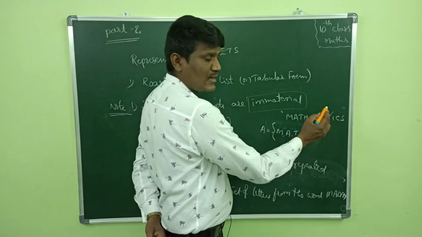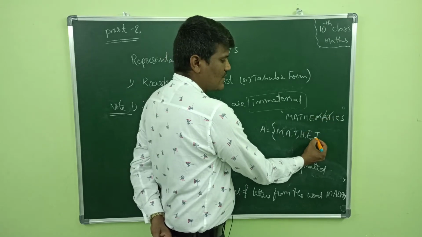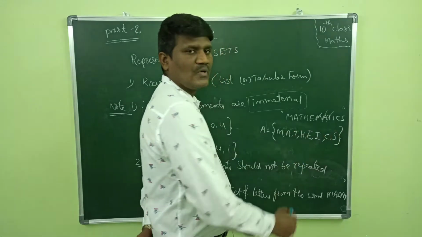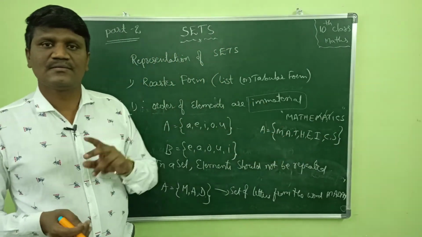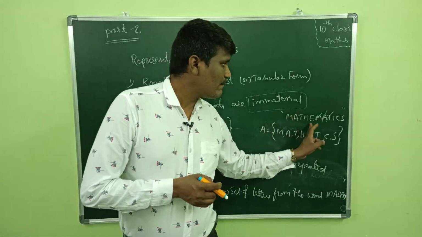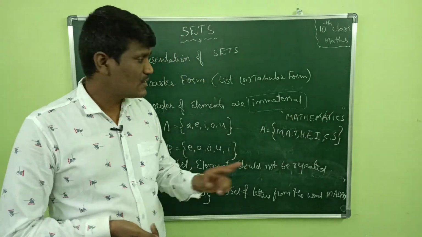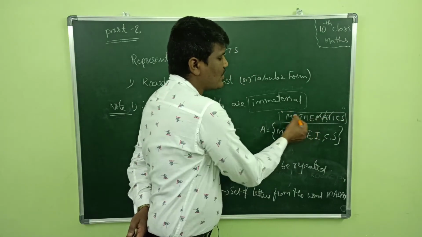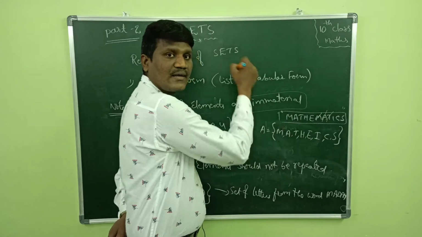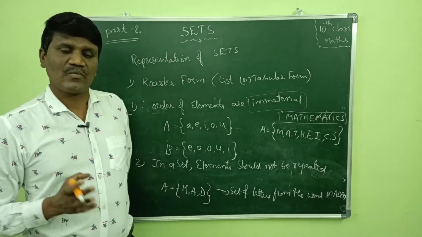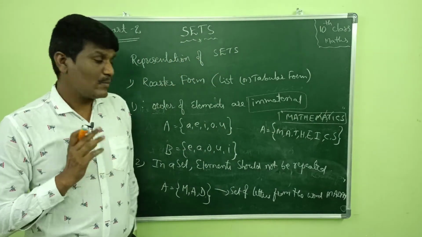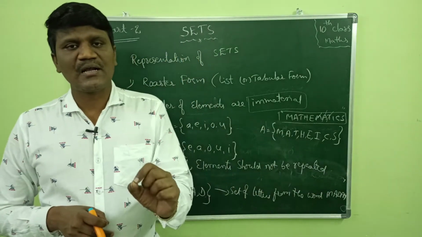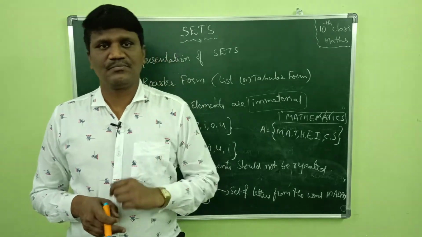T is also there, need not write. Then I is there, I we should write. Then C and S. So these are all the elements from the word mathematics. Here, though in the word letters are repeated, M and M, we are not writing them in the roster form and not writing in the set, because in a set elements should not be repeated. If repeated also, we should take only one time.